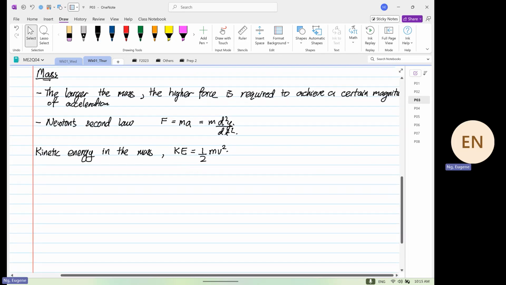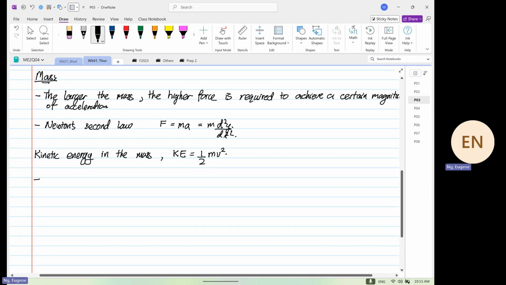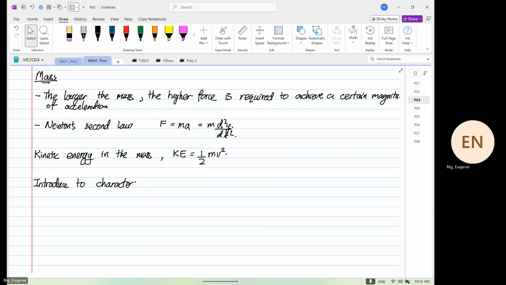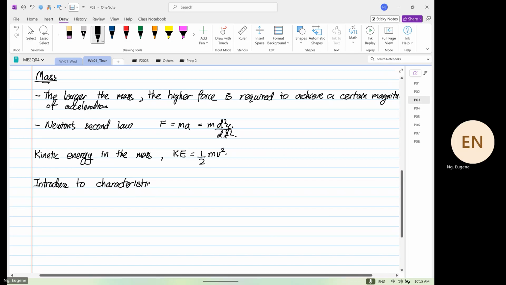Next thing that we're going to do, I'm going to introduce you to, okay, we're going to look into the characteristic equation for a damped, unforced vibration.